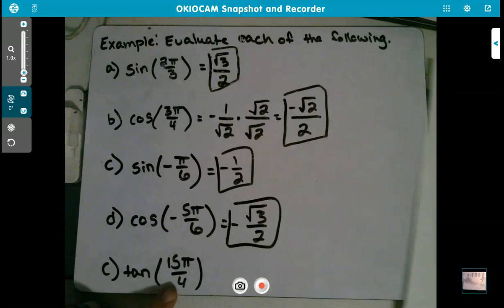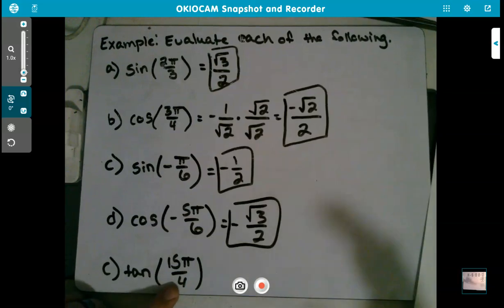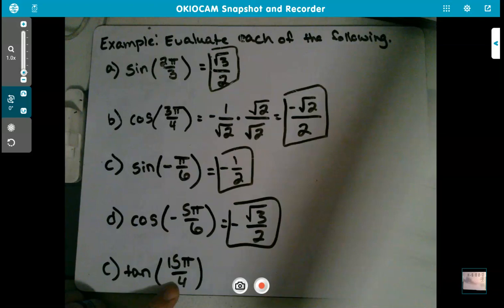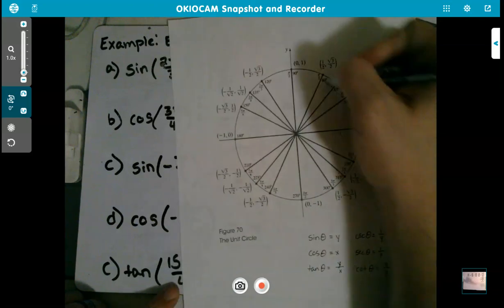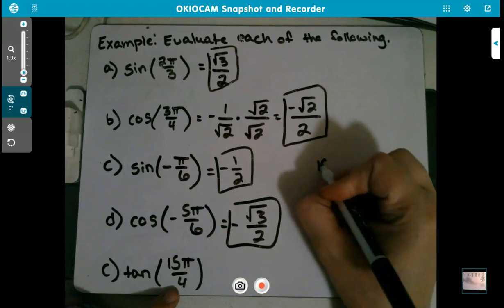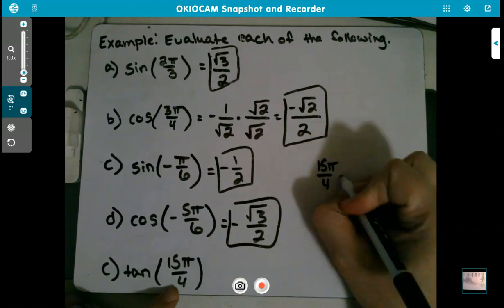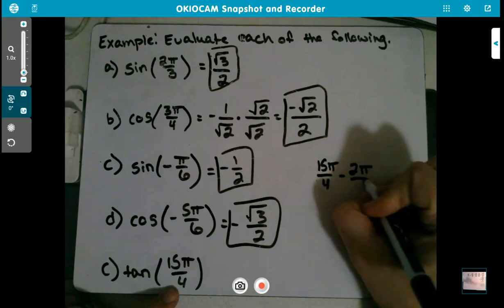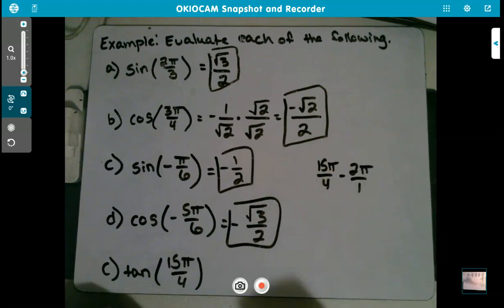So let's subtract 2 pi from here and see how much is left after doing a full circle, okay? So let's do 15 pi over 4 minus 2 pi, so 2 pi over 1. I need a common denominator, which would be 4.